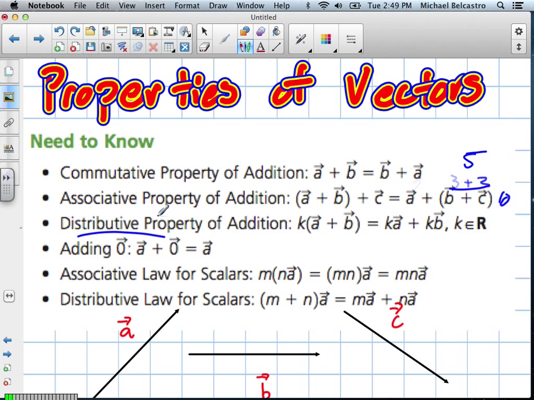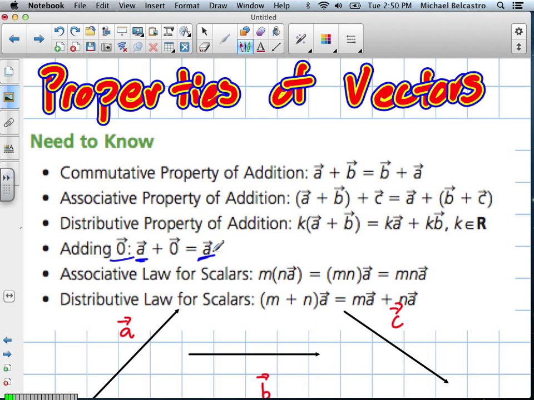Distributive property states that we can distribute our k value to each of the values within a bracket, and our answer is the equivalent of just multiplying that number by each of the vectors. Adding a 0 vector to a vector just gives us whatever our vector is.